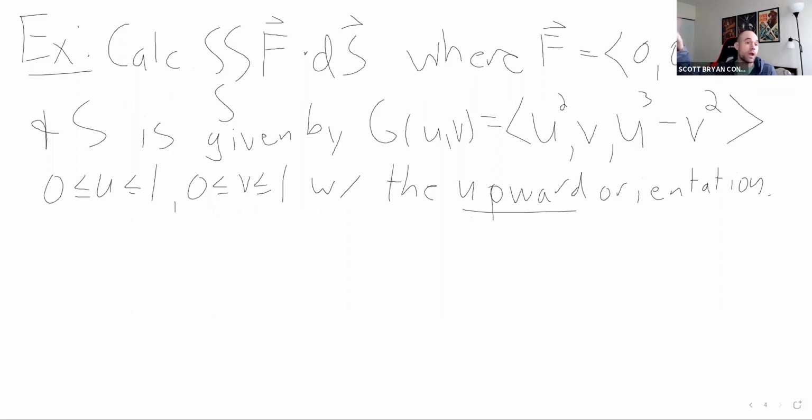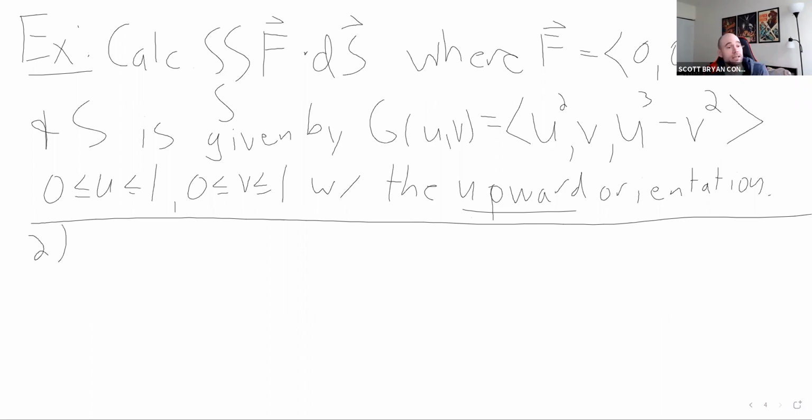Okay, so we have our surface, we have our vector field, and in fact, we're already given a parameterization of our surface. So that's nice. That's step one. The surface is already parameterized, so we can just jump ahead to calculating d vector S and then plugging everything in.